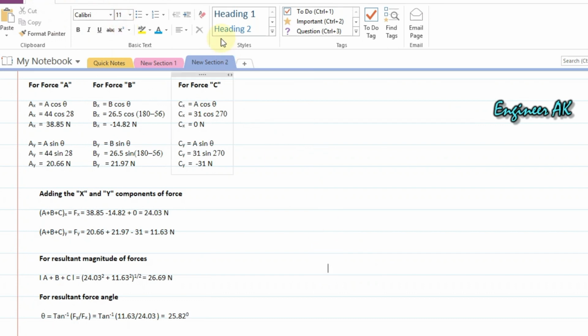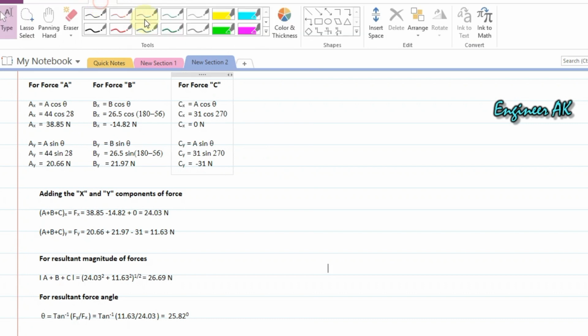Okay, so finally we have found the resultant force magnitude, that is 26.69 Newton, and the angle that the resultant force is making with the positive x-axis is 25.82 degrees.